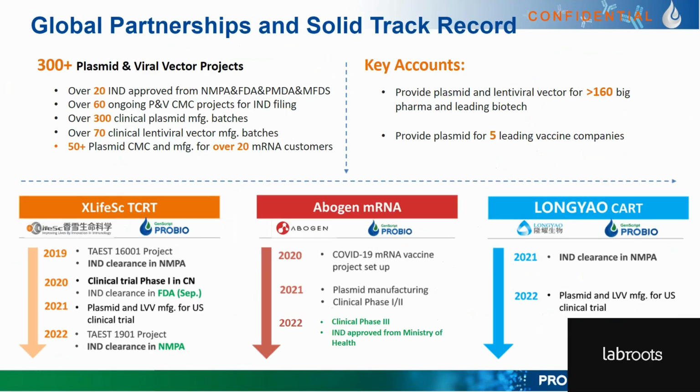We currently have over 300 plasmid and viral vector projects at different stages, from CMC to commercial manufacturing. As a global company, we have formed partnerships with numerous leading organizations across the world. Our plasmid has been utilized by over 160 big pharmas and top biotech companies worldwide.